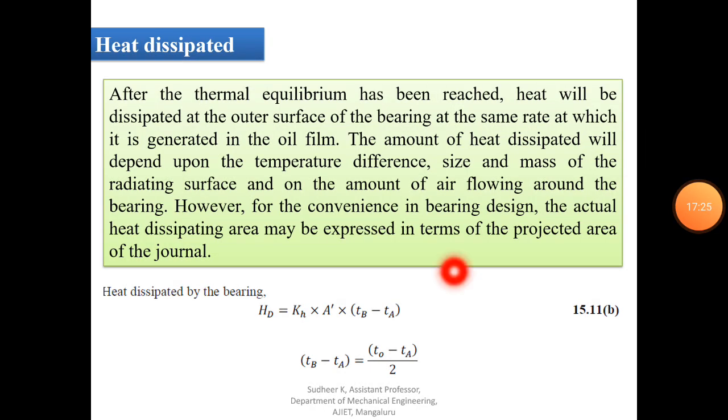Here Tb is the bearing temperature, which is always high, and Ta is the surrounding or atmospheric temperature, usually 25 degrees Celsius to 30 degrees Celsius. To is the operating temperature of the bearing. Always heat will be transferred from the higher temperature region to the lower temperature region.